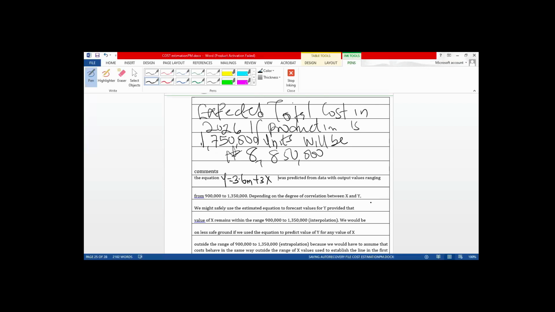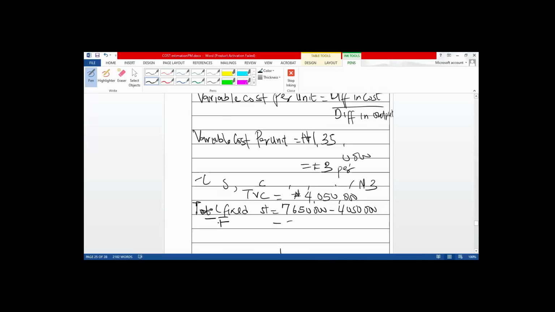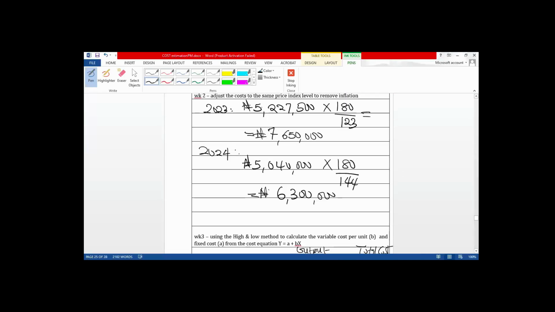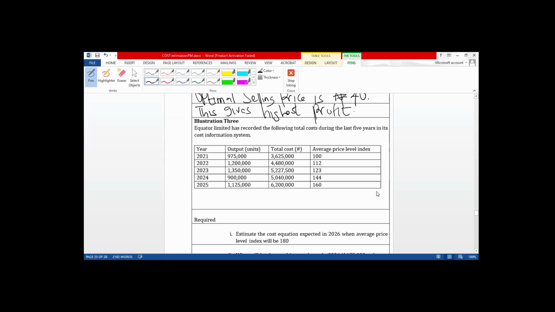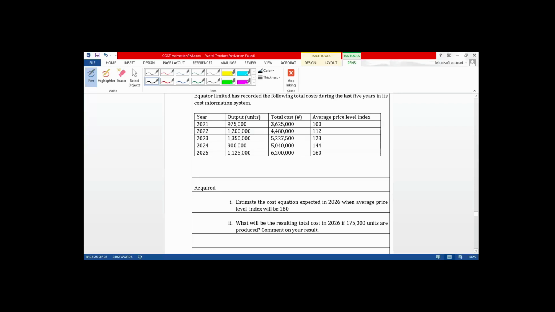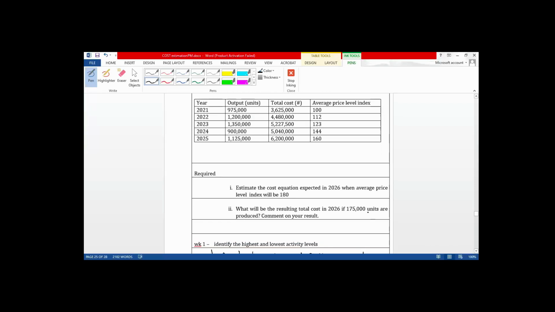But the examiner says in B, what will be the total cost if production is 1,750,000?